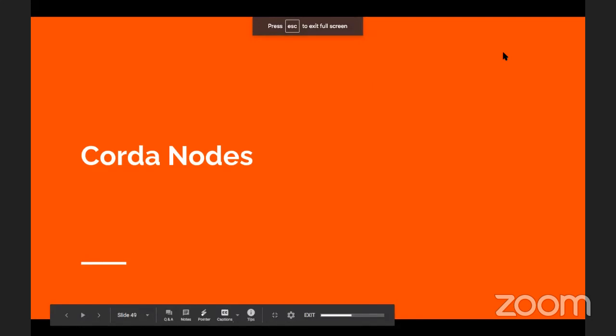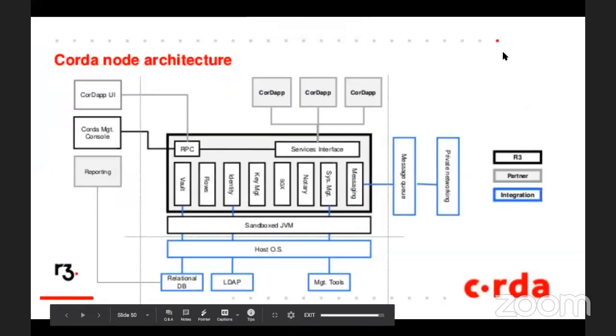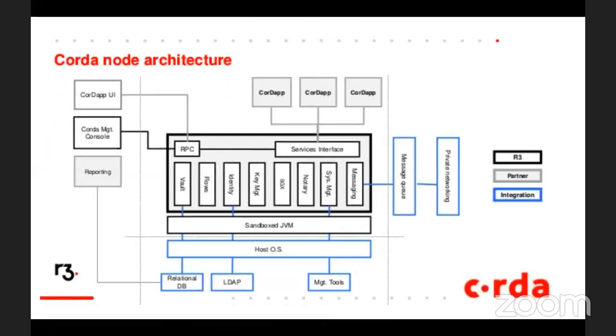So Corda node, this is the architecture of the entire Corda node that we have been referring to so far, right? Corda app is the web application or the mobile application. You can have multiple Corda apps using the same node infrastructure. So here we are seeing the example of a Corda app that talks to the Corda services through RPC.